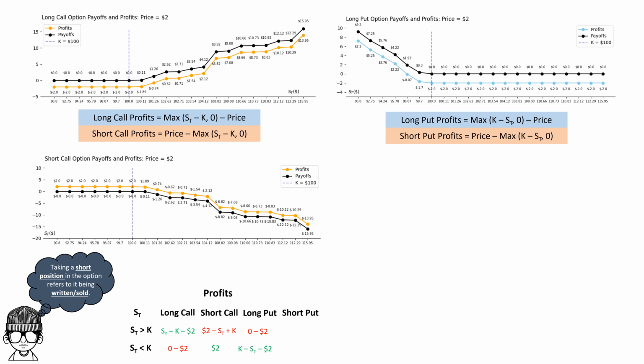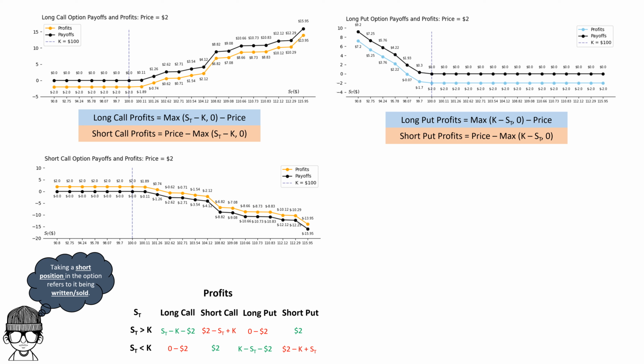In the same scenario, for put options, the short put profits equal the price minus max(K minus ST, 0). So when ST is greater than K, the put option is not exercised and the writer makes a profit of $2, which is also the price of the option.